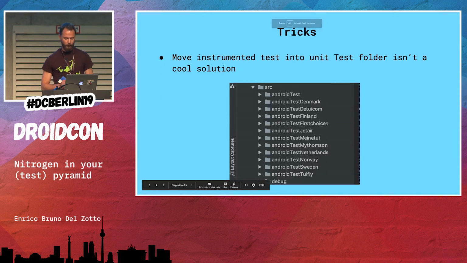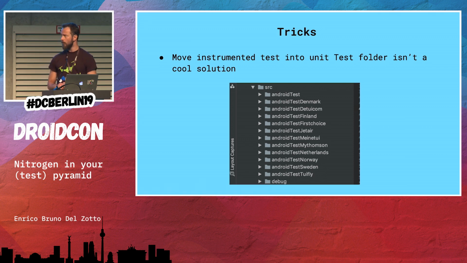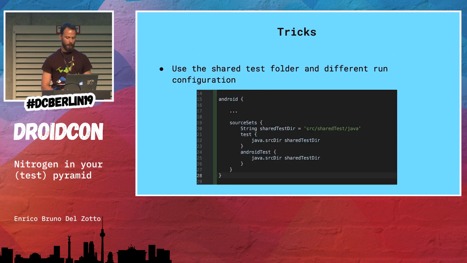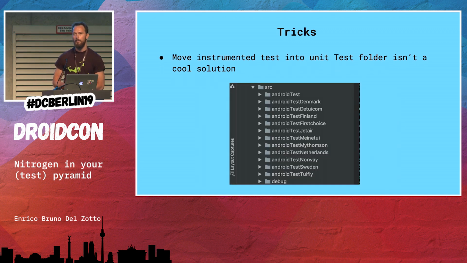So as I told you, when we have a lot of build variants, it's very difficult to differentiate this UI test. So we found different solutions. The first solution is using the Gradle script and appending the directory of the instrument test at runtime directly to the unit test folder, or you can use another solution, which is the JUnit category.